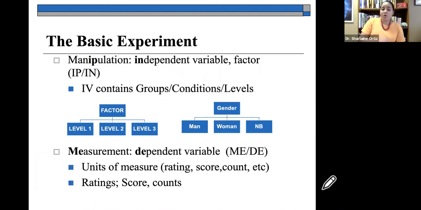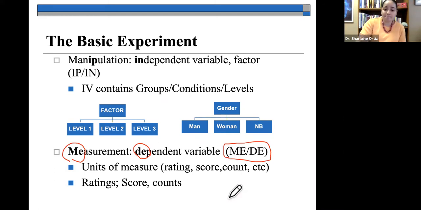Now, let's go back to our dependent variable. As I stated, the dependent variable is the one that is going to be measured. So this is another way to remember which one is the measurement variable. So let's look at ways that we can actually conduct that measurement.